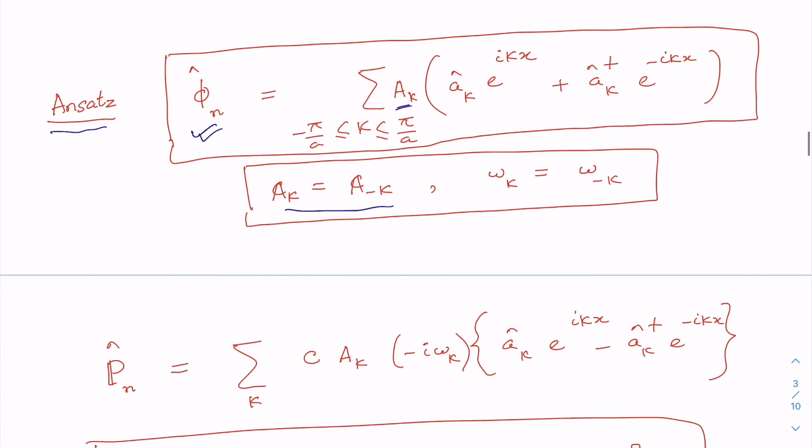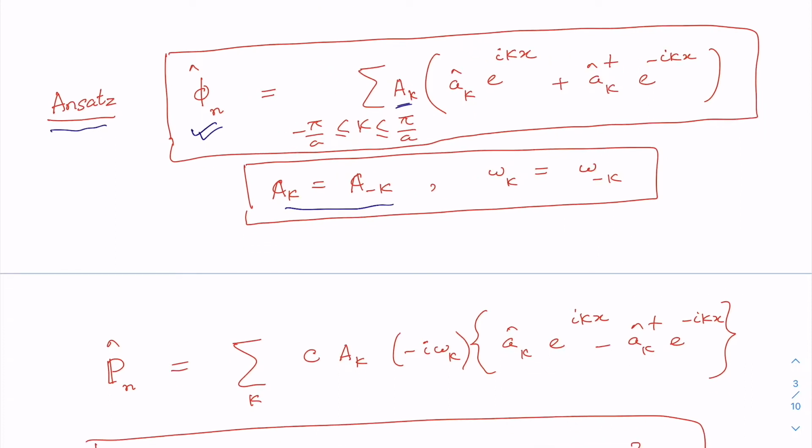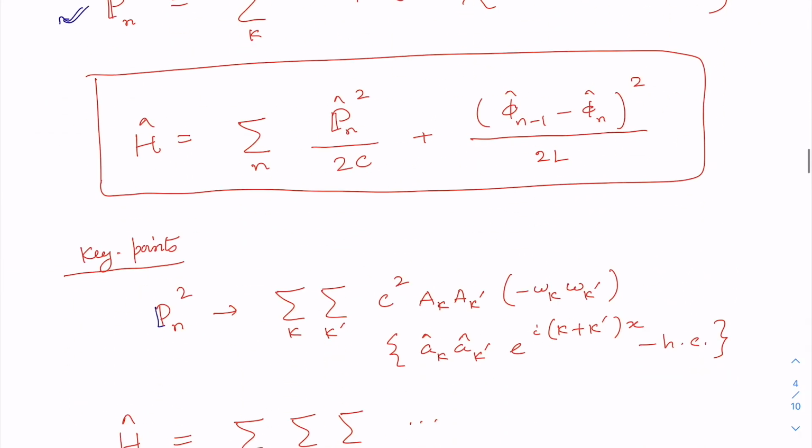Then we put this expression of the magnetic flux as well as the momentum in this Hamiltonian. There are tedious but straightforward calculations; we did not do that here, but it can be done as it is done in the problem solving session.